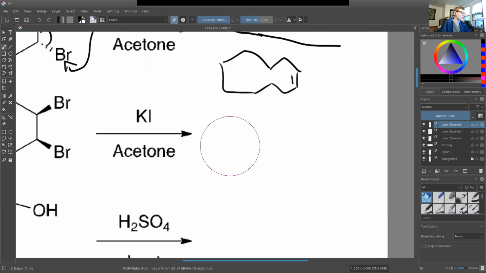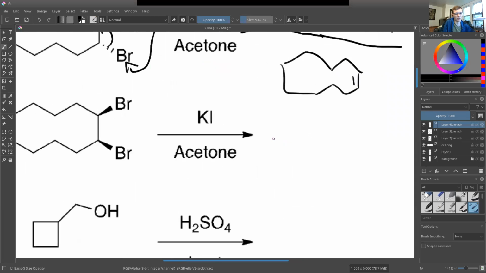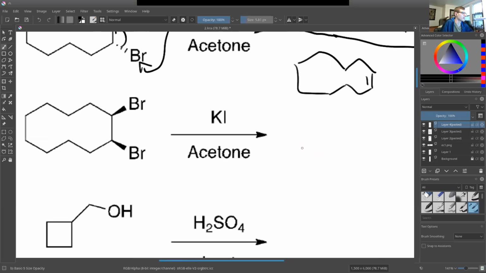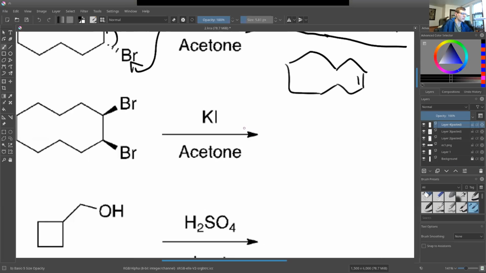So you can't get a reaction because it's anti-periplanar, but what you can do is SN2, for example. To do that you need a ring flip.